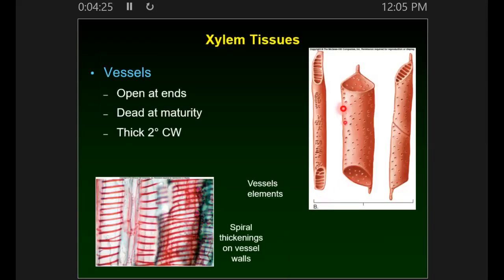So go back to the images that you saw. You can see the vessels, there's a really nice example of a wide one right in the middle. And sometimes they have these perforations at the end of the cells, but they just stack end to end to end, okay?